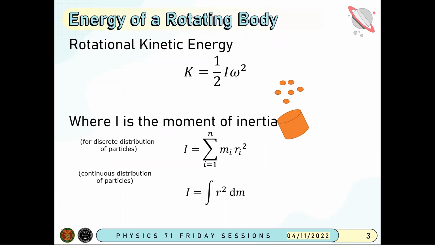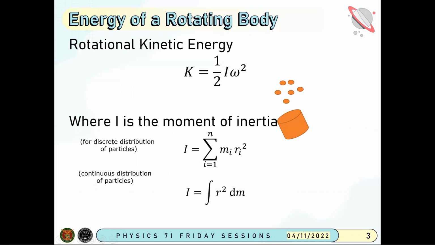Rotational kinetic energy is given by this equation, K equals 1/2 I omega squared, where I is the moment of inertia and omega is the angular velocity or angular speed.